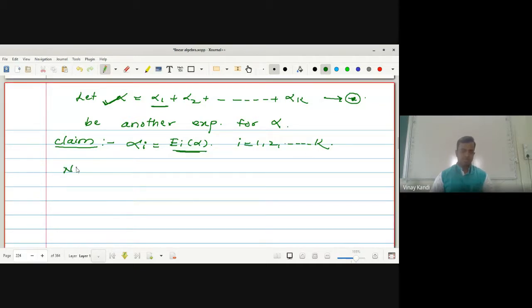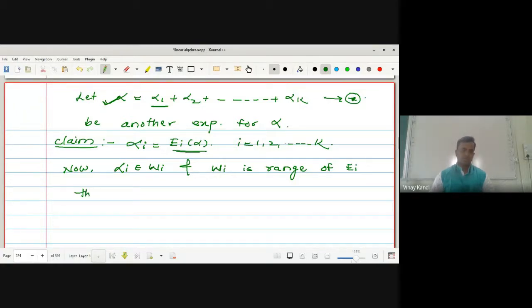Now this alpha I belongs to WI, and WI is the range of EI. We have this one.